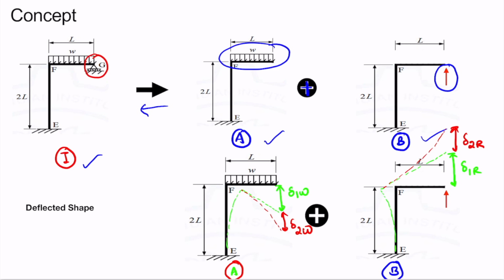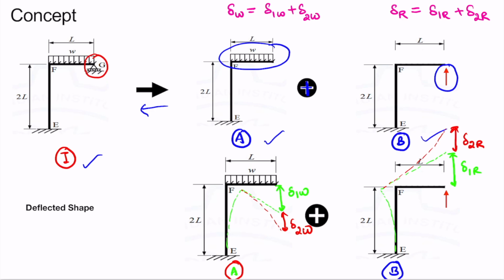Now the final deflection at point G due to structure A will be delta W, which is the sum of delta 1W plus delta 2W. And the final deflection at point G due to structure B will be delta R, which is equal to delta 1R plus delta 2R.